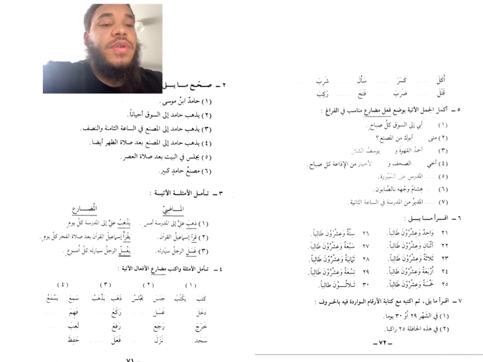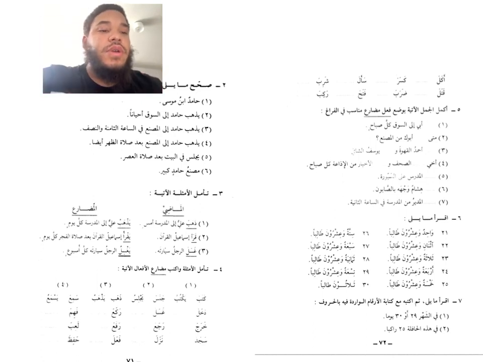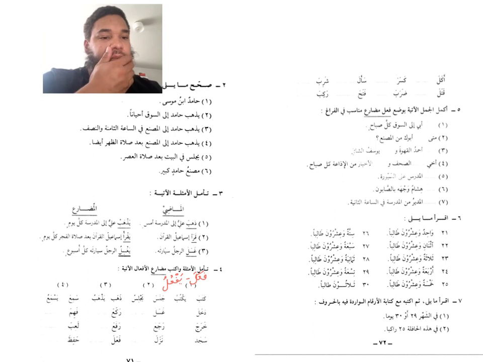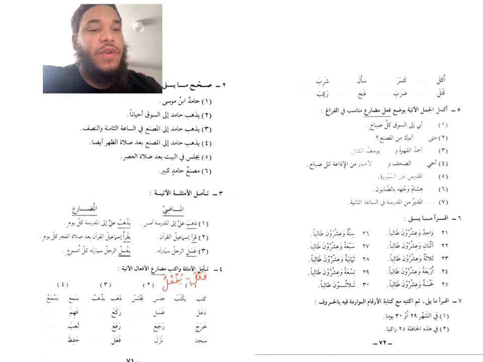Okay, so basically we have patterns of verbs that I will highlight for you here. So kataba is fa'ala yaf'ulu. Okay, so that's the pattern, fa'ala yaf'ulu.